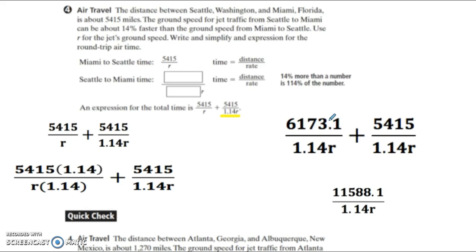We can add our numerators and slide our denominator, and now we have a simplified expression that represents our total time, okay, because time plus time, that's going to represent our total time there. And you can just leave that simplified expression as it is.